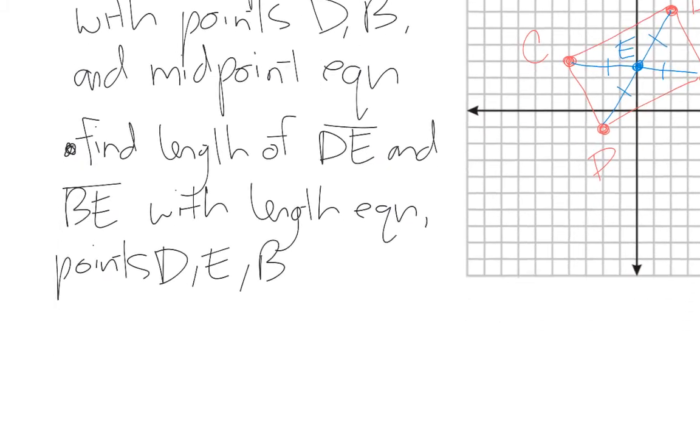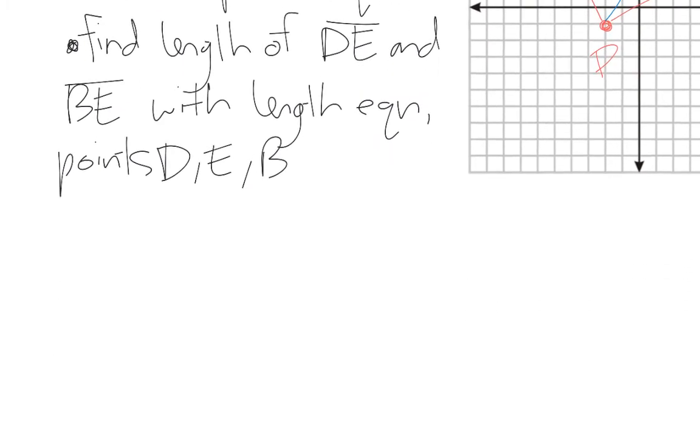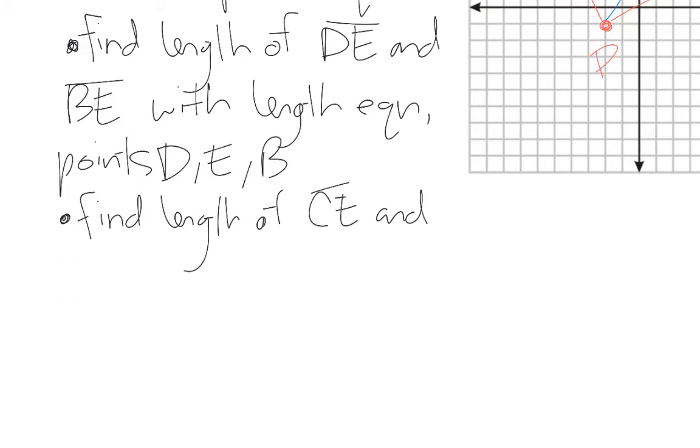I'm going to repeat this step for the other points. I'm going to write find length of line segments CE and line segment AE with the length equation. You can also call it the distance equation if you want.